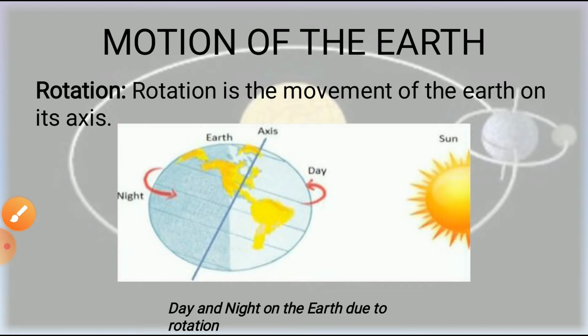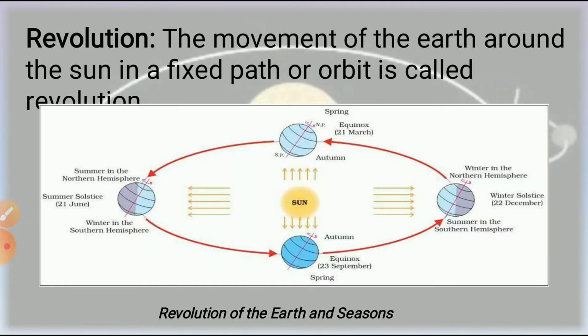So now let us see what is revolution. The movement of the earth around the sun in a fixed path or orbit is called revolution.